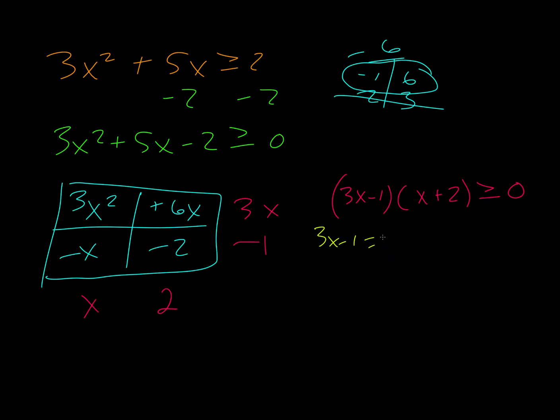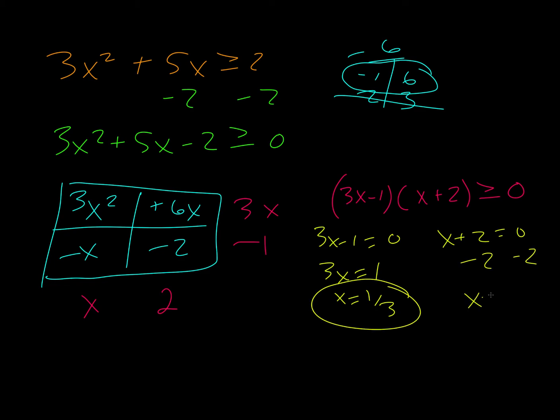So let's just say 3x minus 1 equals 0, then x plus 2 equals 0. And so add 1, 3x equals 1, and so x equals 1/3. Minus 2, x equals -2. Okay, so if we're doing a sign diagram, we get -2, we get 1/3.